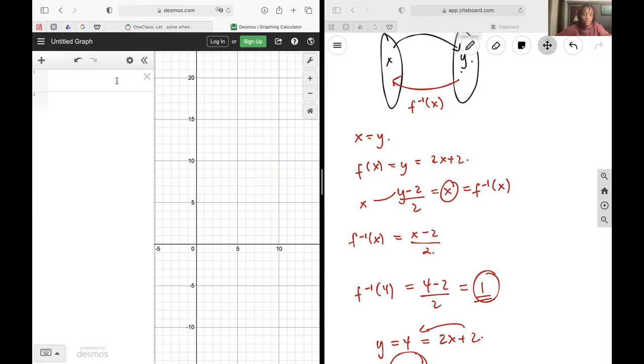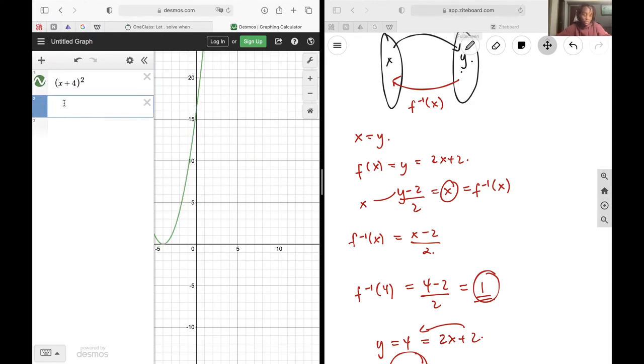A couple other more distinct examples would be, let's say I have x plus 4 squared.